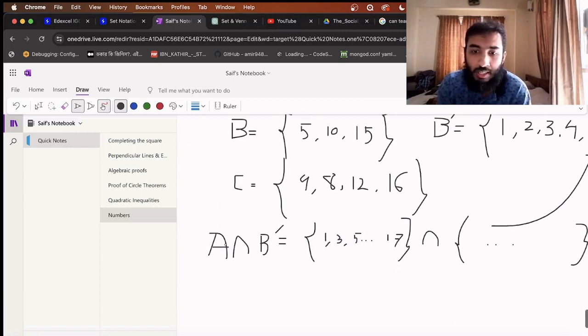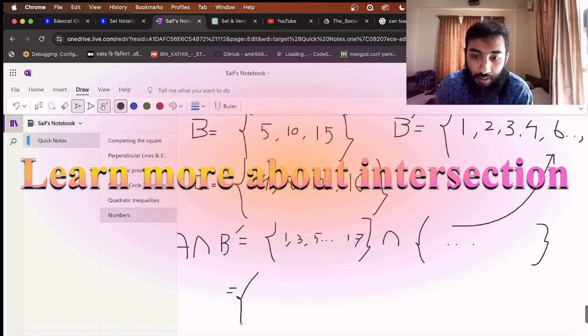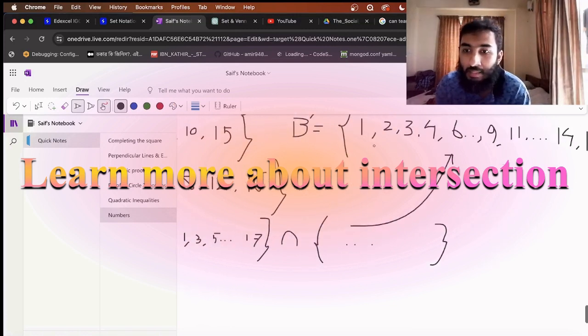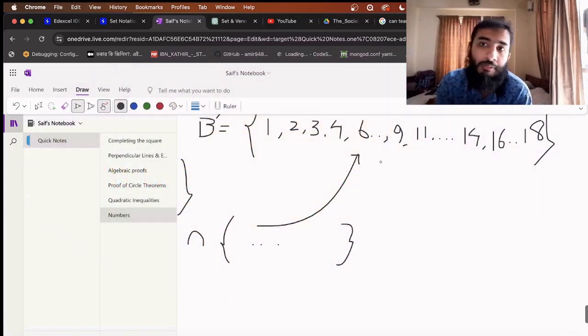So what are the common elements between A and B prime? A is all the odd numbers from 1 to 17, and in B prime we have odd and even numbers, all numbers except 5, 10 and 15.